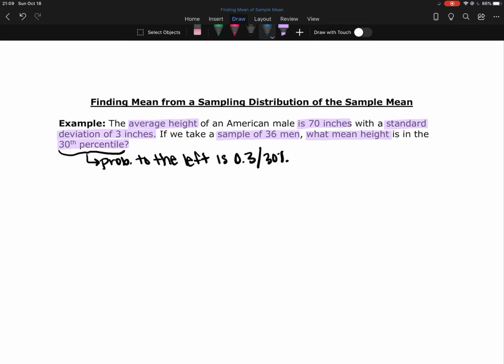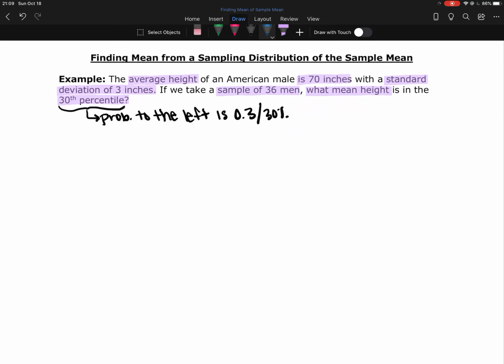So then, just like I did when I found a probability associated with a sampling distribution, I am going to write down each of the numbers that I have here, and identify what values those go with. Percentile.